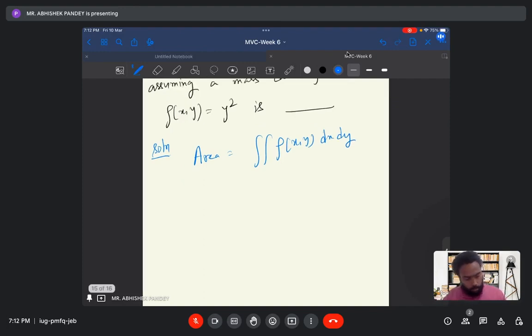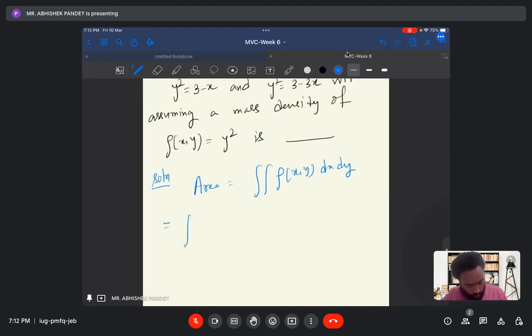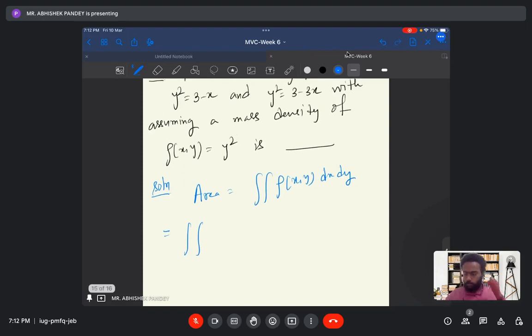so now we need to put in the limits. The limit of x will be from 1 minus y square by 3 to 3 minus y square, and the limit of y is minus root 3 to root 3, of y square dx dy.